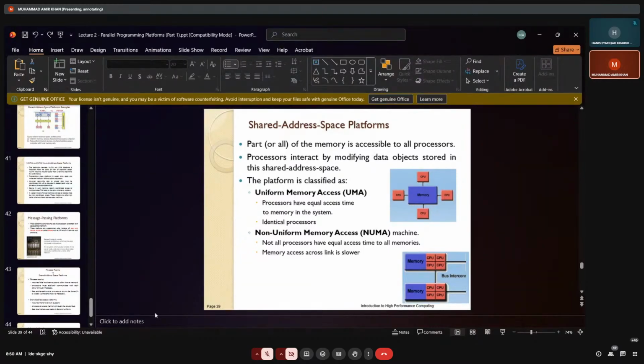In NUMA, not all processors have equal access time to all memories. Memory access across the link is slower because we have a bus interconnection. Definitely it's slow.